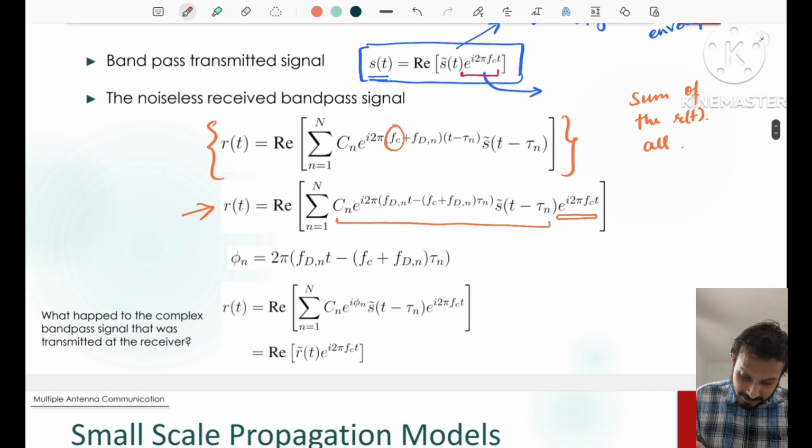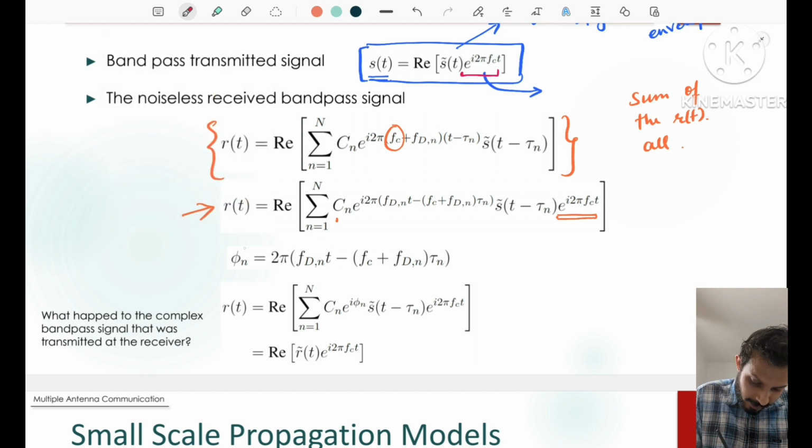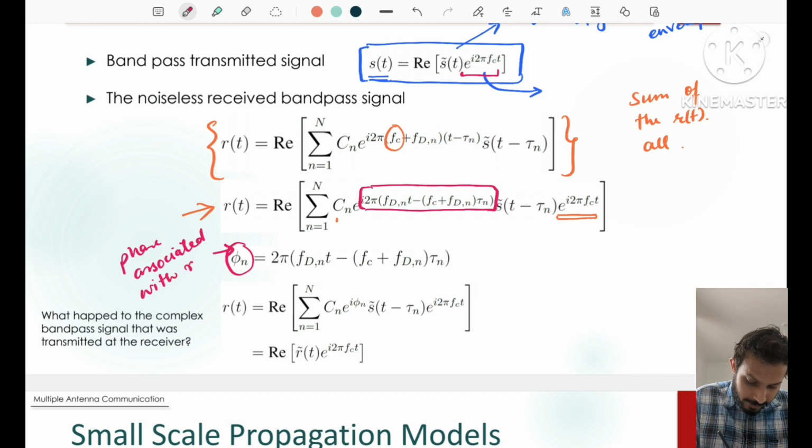Now to simplify things, let us consider this phi n, which is equal to this part, and it represents the phase associated with the nth path.